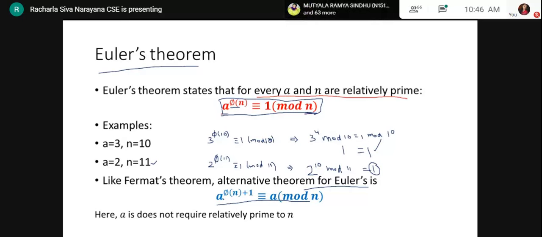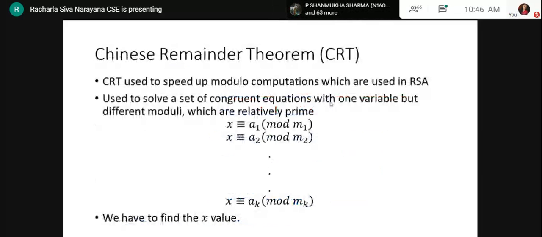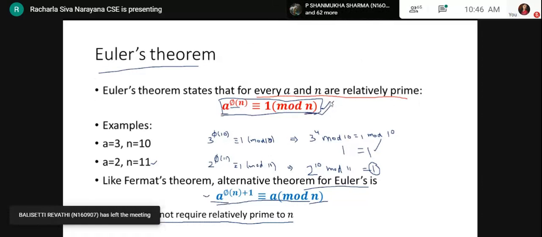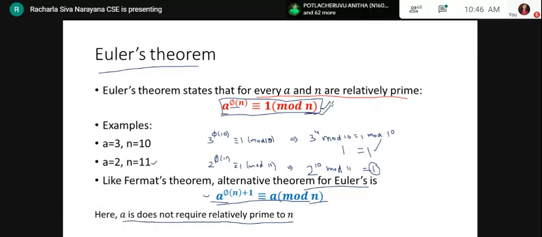Here a does not require to be relatively prime to n. So for Euler's theorem, we have to find the Euler's totient function. Next, Chinese remainder theorem.